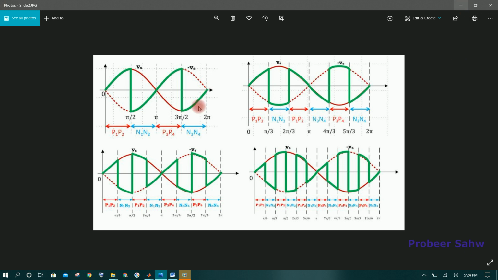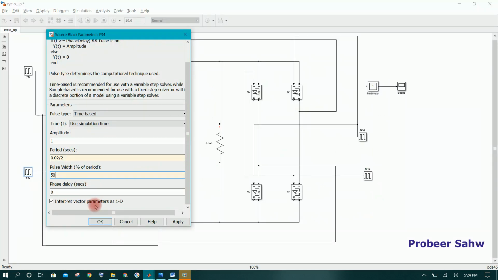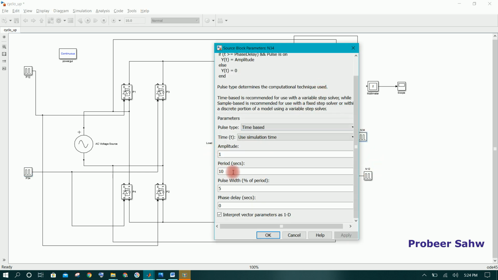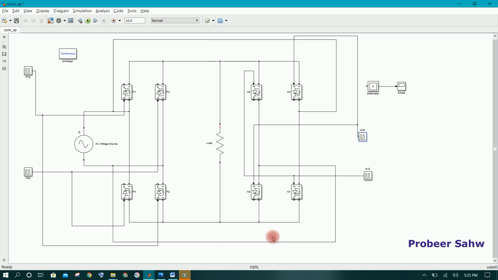Okay, so P3 and P4, N3 and N4: period is 0.02 divided by 2, pulse width 50, and phase delay is 0.02 divided by 2. This is the total time period, half of this time period, so again divide by 2. Now every parameter has been set.